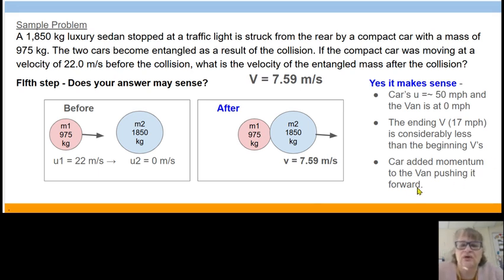So it moves the van 7.59 meters per second, which is about 17 miles per hour, right? So one hits the other, pushes the cars kind of out into the center of the intersection. Okay, so yes, it makes sense.